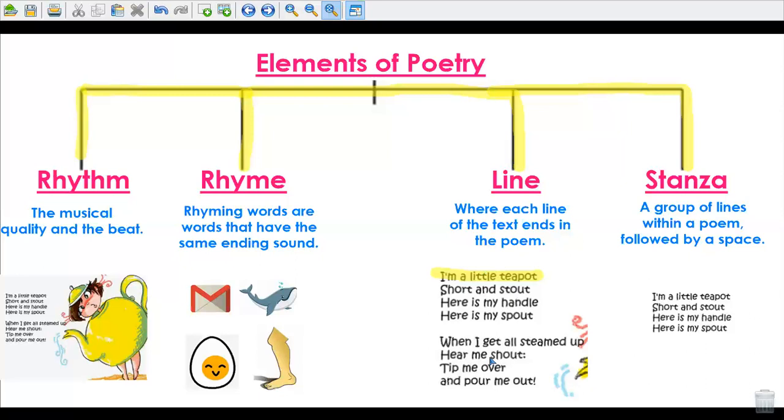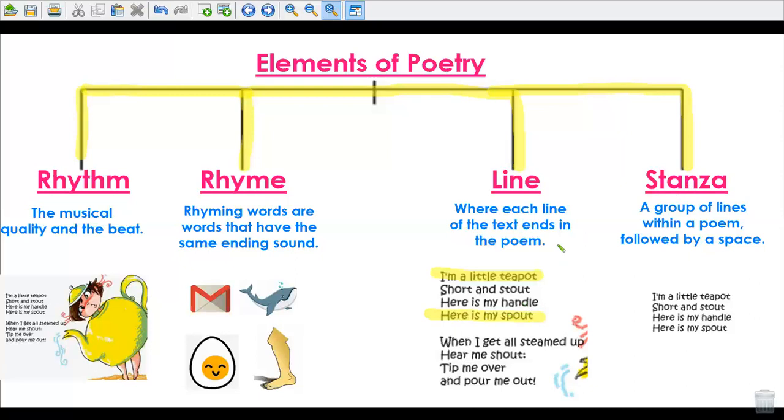Here's our poem, I'm a Little Teapot, and I highlighted a line for you. If I said highlight the fourth line, I would count down 1, 2, 3, 4, and I could highlight that fourth line right there.